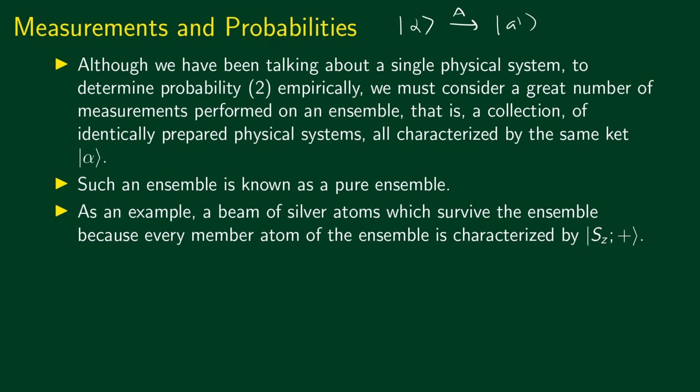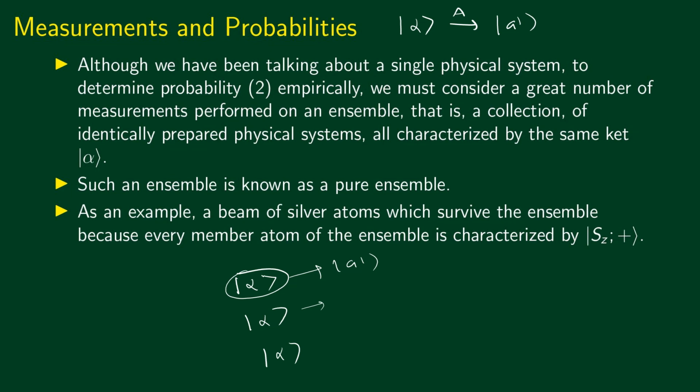So what I need to do is take many systems all in the state ket alpha. I make a measurement on the first and then discard it, because now the state has changed. Then I take a second system, represented by exactly the same ket, make the measurement, and discard it.